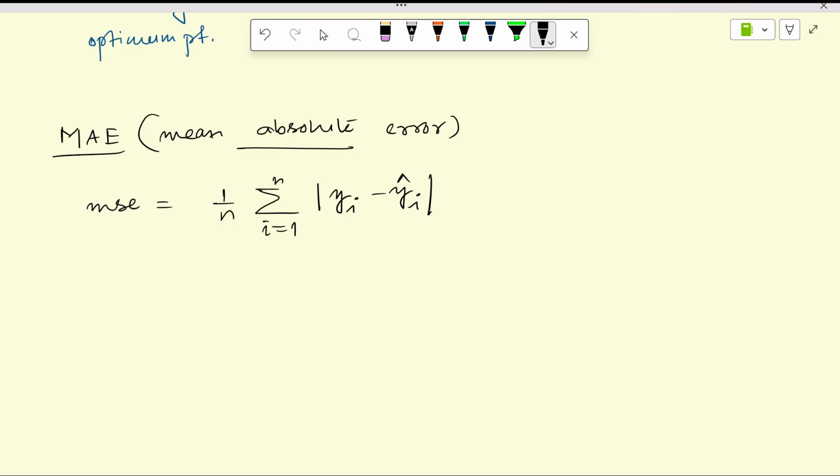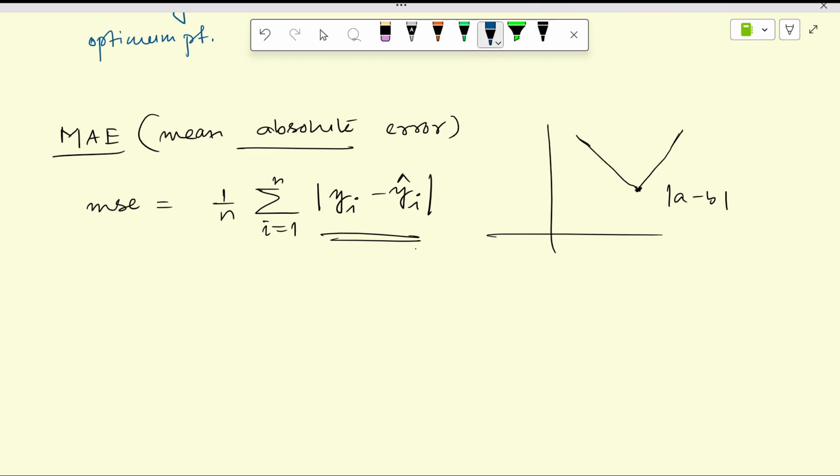Generally the MAE curve will look like this type, this absolute curve. This is the curve of |a minus b|.